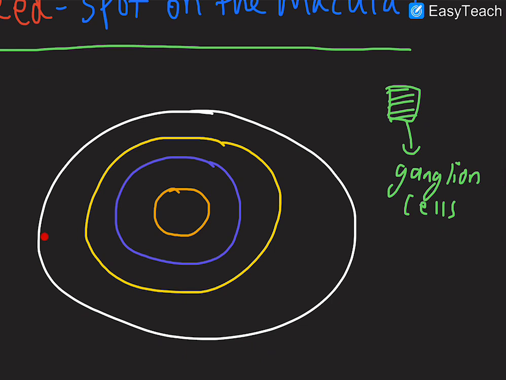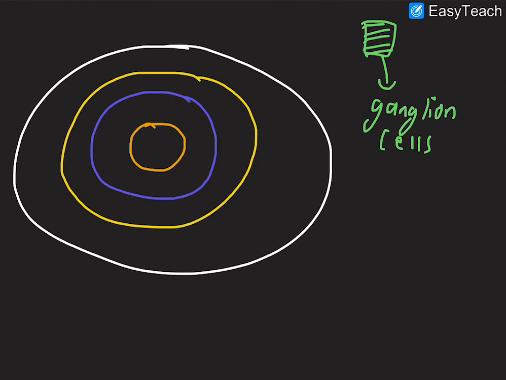I just drew a retina. The retina of the eye is the white circle. Then the area encompassed in the yellow circle is going to be the macula. So let's just go and write this out. This white circle represents the retina.